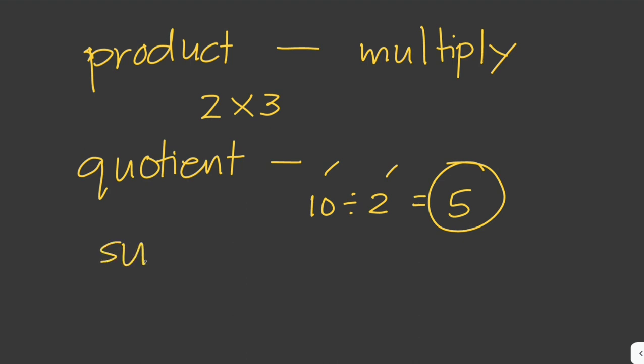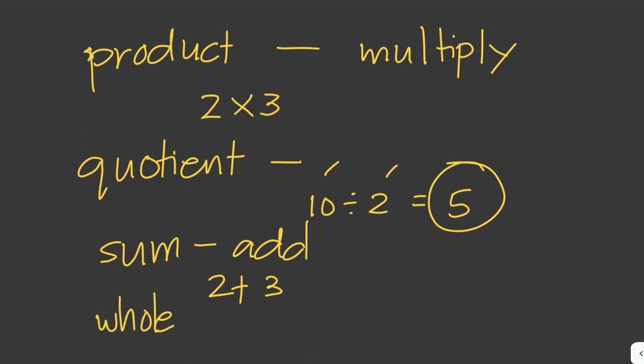Okay, when we say sum, you add. So the sum of 2 and 3 is 2 plus 3. Then whole number. When we say whole number, it doesn't have any decimal point.